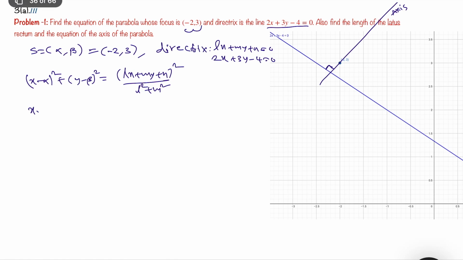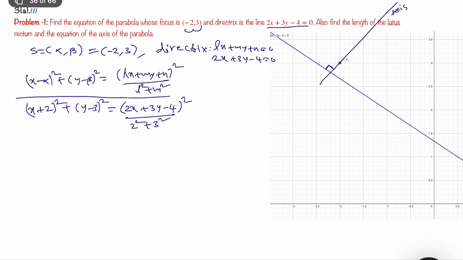So I can write down (x plus 2) whole square plus (y minus 3) whole square equal to (2x plus 3y minus 4) whole square by (2 square plus 3 square). You can simplify this further to get the general second degree equation in x and y, but I am stopping here. Feel free to simplify this.